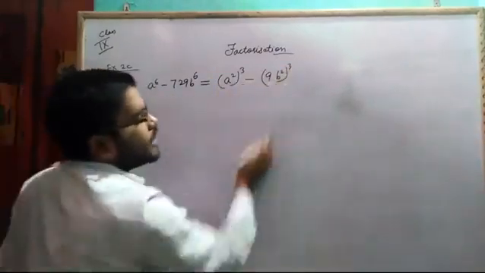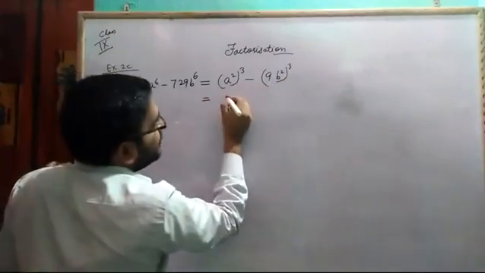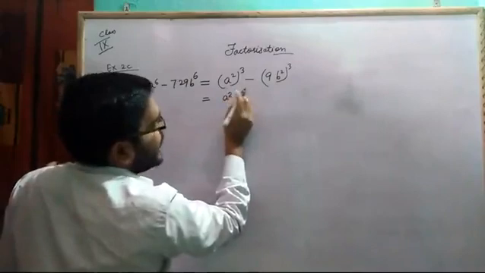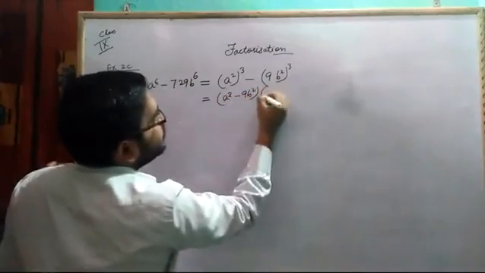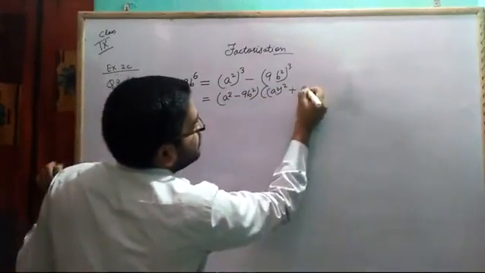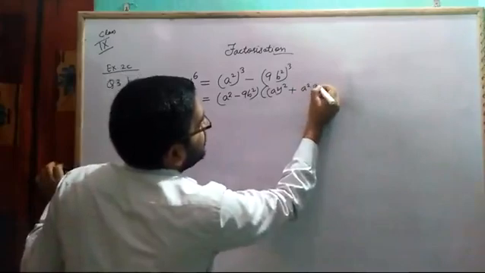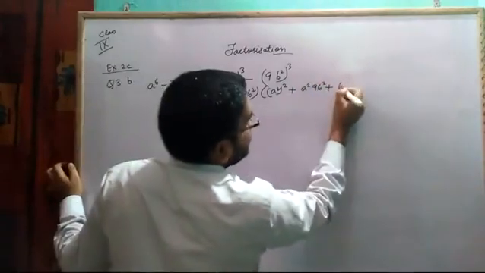Now it is in the form of a cube minus b cube. Now we know the formula: a cube minus b cube is equal to (a minus b) into first term square plus first term multiplied with second term plus second term square.